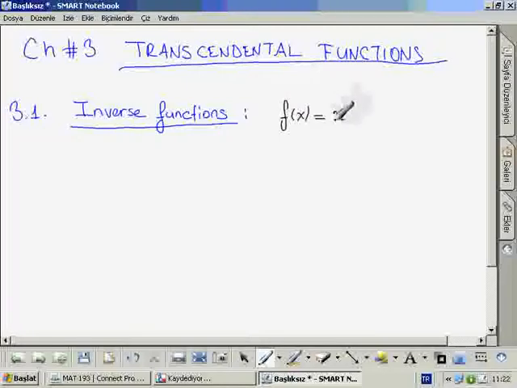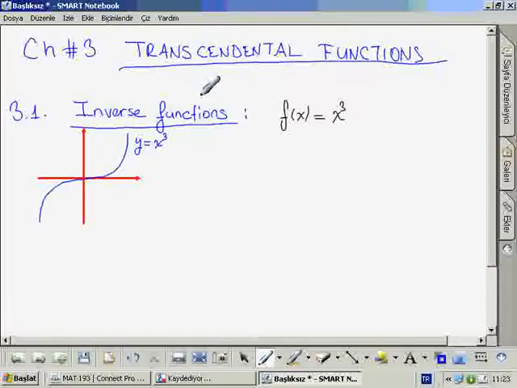F of x equals x cubed, okay, and when you sketch it on the coordinate system, it's like that, okay.